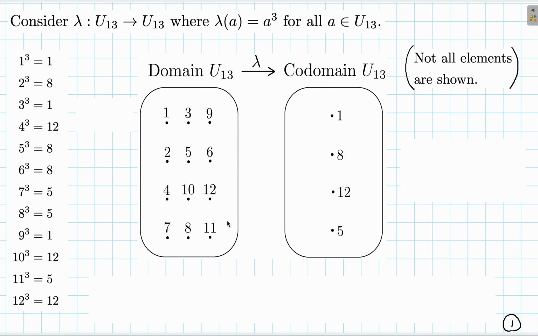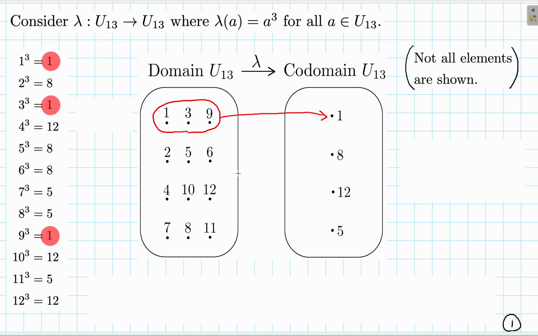So we have all the domain elements U13 here. And for the codomain, not every element of U13 is shown, just those elements that are hit by the function. So we see, for instance, that 1 cubed is 1, 3 cubed is 1, and 9 cubed is 1. In other words, the inputs 1, 3, and 9, let's lump them together because they all map to 1 in the codomain.